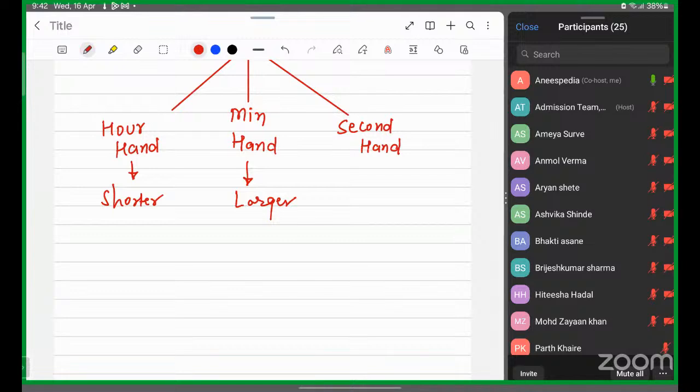Now all these hands will cover the circumference of the clock in different time intervals. We are interested in those time intervals, as well as we want to know what will be the angle between two hands when they are at any particular position in the clock.